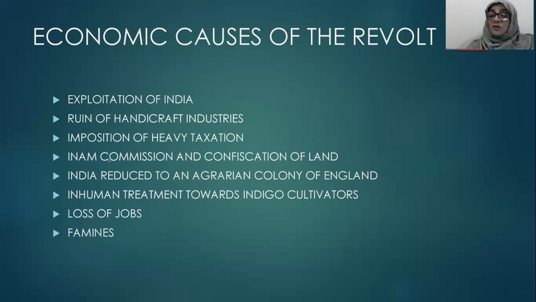Now, destruction of local industry. Due to the Industrial Revolution of England, cheaper and superior goods flowed into the markets of the subcontinent. The local industry could not compete with the imported stuff and suffered badly. Millions of people were left jobless.